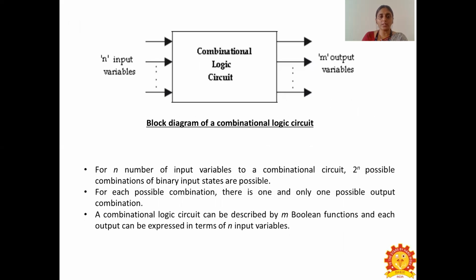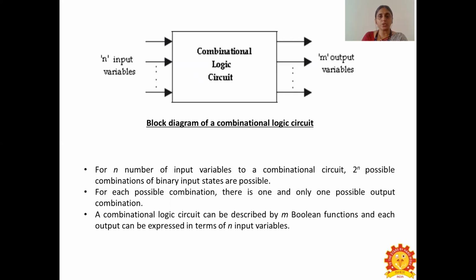Here is a block diagram of a combinational logic circuit. We can see the n input variables sent from the input side, and we get m output variables at the destination end. For n input variables to a combinational circuit, 2 power n possible combinations of binary input states are possible.